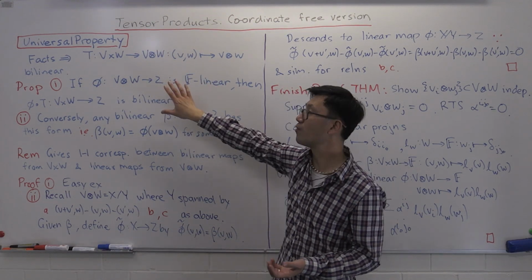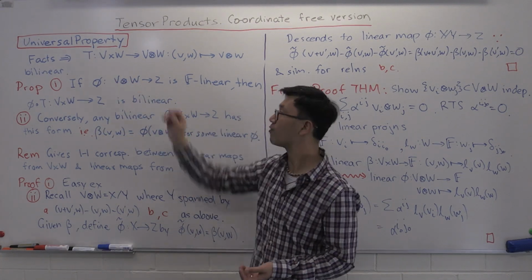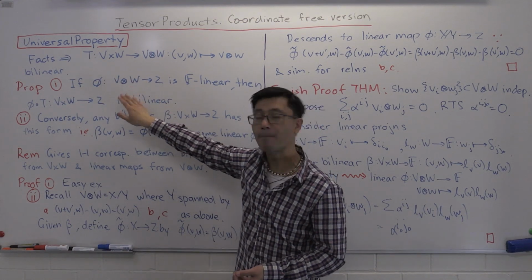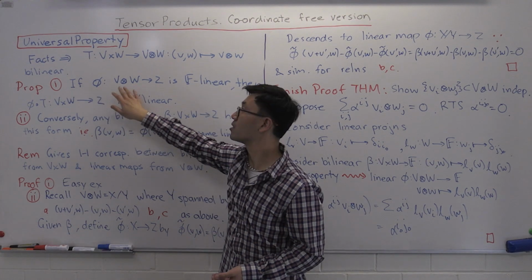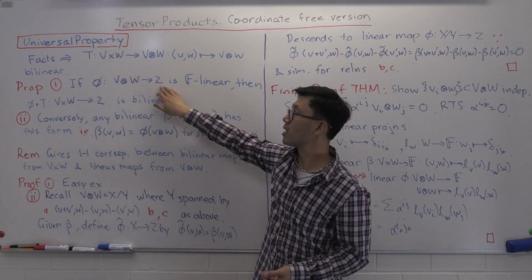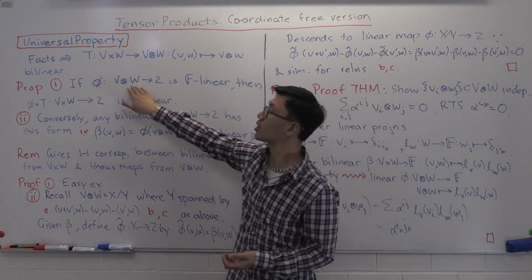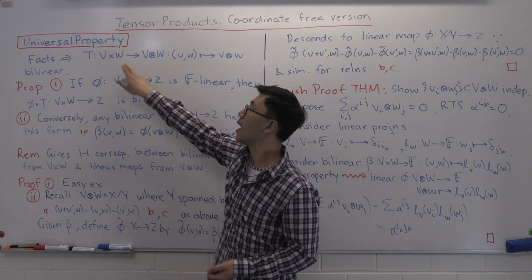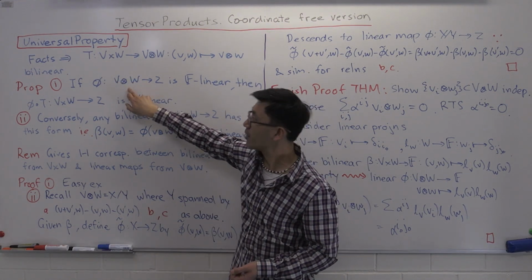So what is the universal property? It's encoded in this proposition, of which there are two parts. The first part is the following. Let's suppose you start with a linear map out of this tensor product V tensor W, a linear map phi from V tensor W to some vector space Z over F. So you have some F-linear map like that. What you can do is, firstly, use this map T from V cross W, sending pairs to their corresponding elementary tensors, and then compose it with phi.